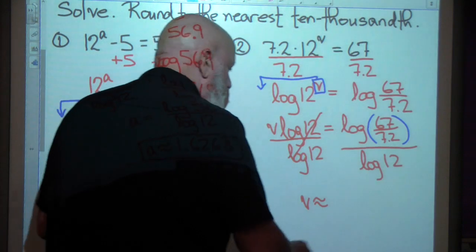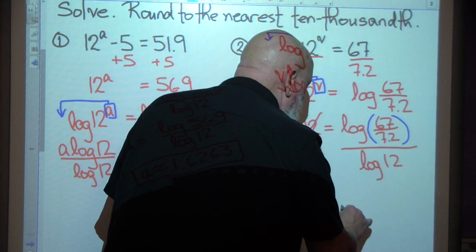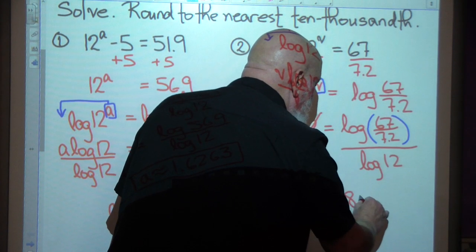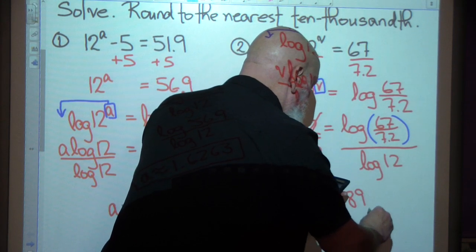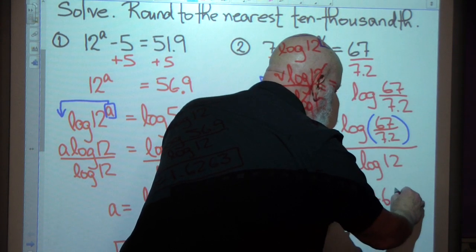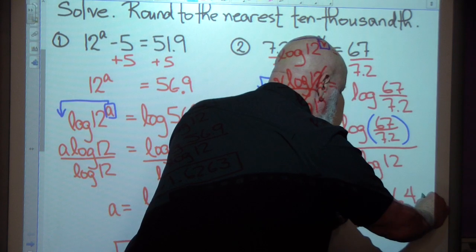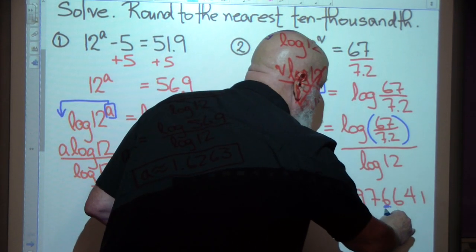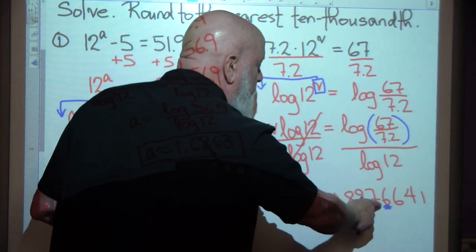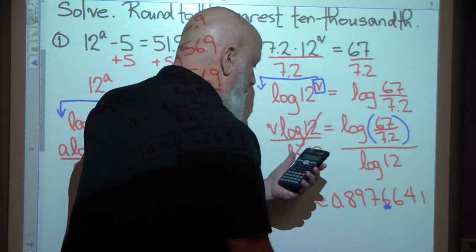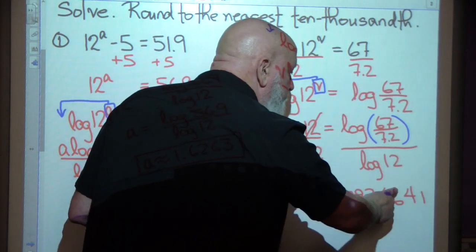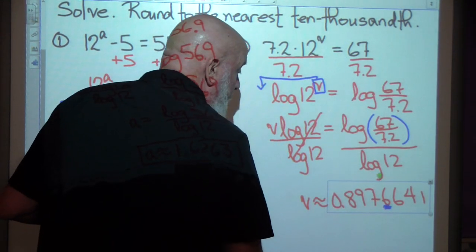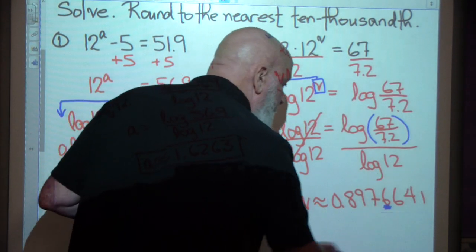I hope that's right. I'll look here in just a second. 0.8976641. And I want to round it to the 4th decimal place. That's the 10,000th. So that's 1, 2, 3, 4. Make sure I've copied that correctly. And so this will round up to a 7 if I haven't made any mistakes. I'm going to round that to a 7.